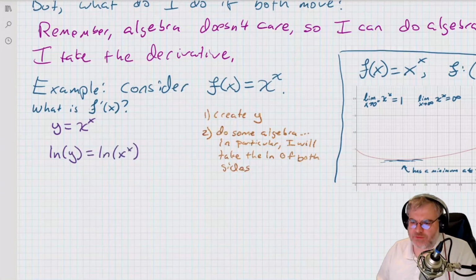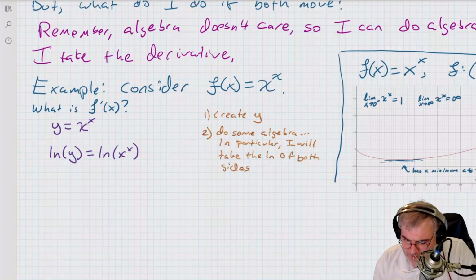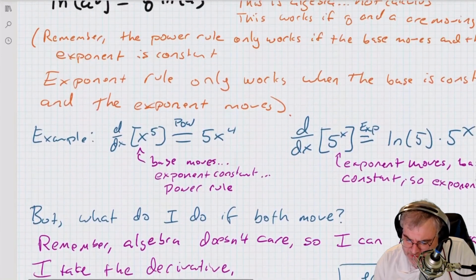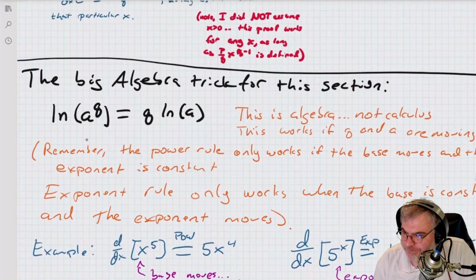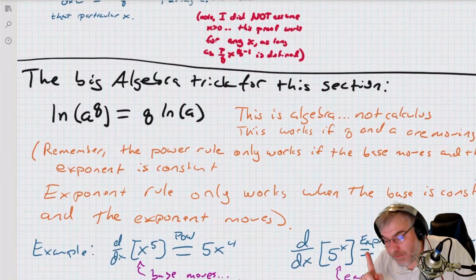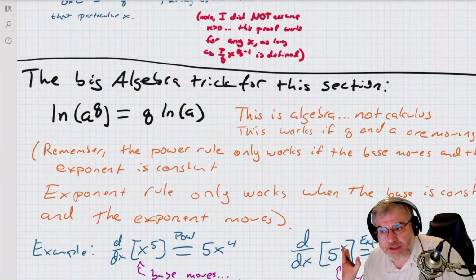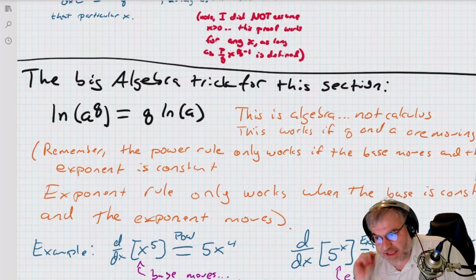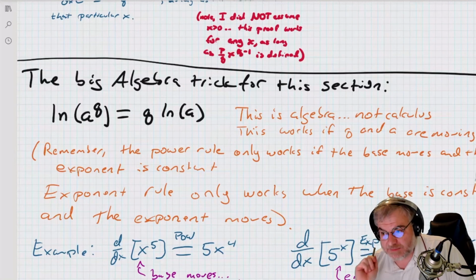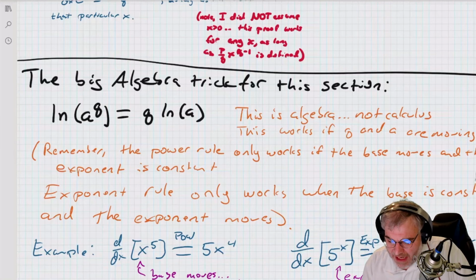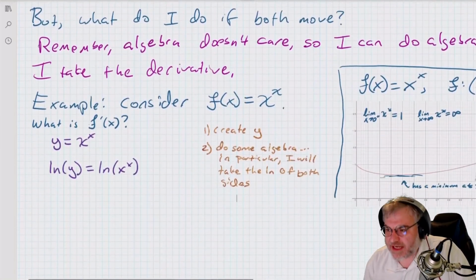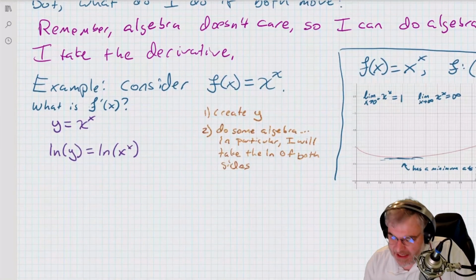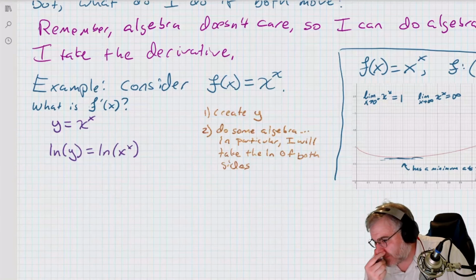Now, why did I do that? The reason I did that is because I want to leverage this little piece of algebra. Because remember, log is just algebra. Log doesn't care whether x is moving or constant. Now, it definitely cares about the fact that the base is positive. I've made x and y both positive.